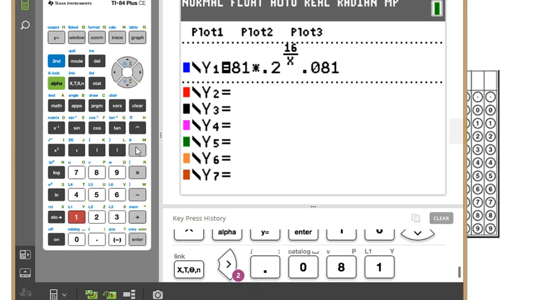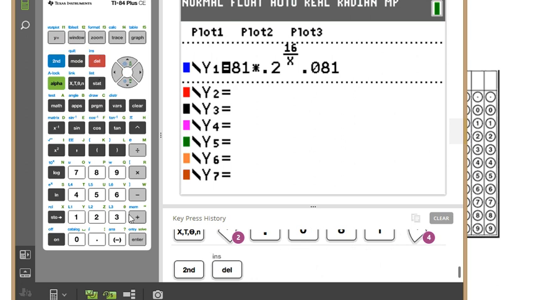Where the graph, oops, I guess subtract one. Okay, second insert, subtract. Okay, that should do it.